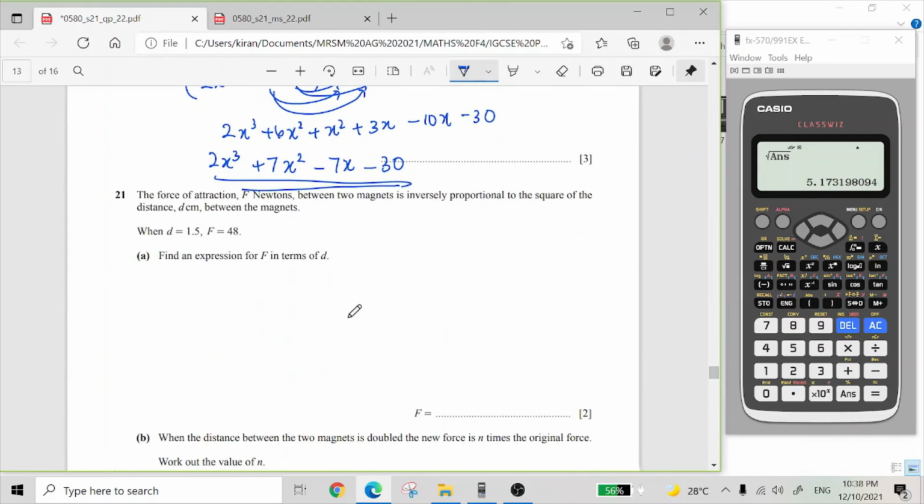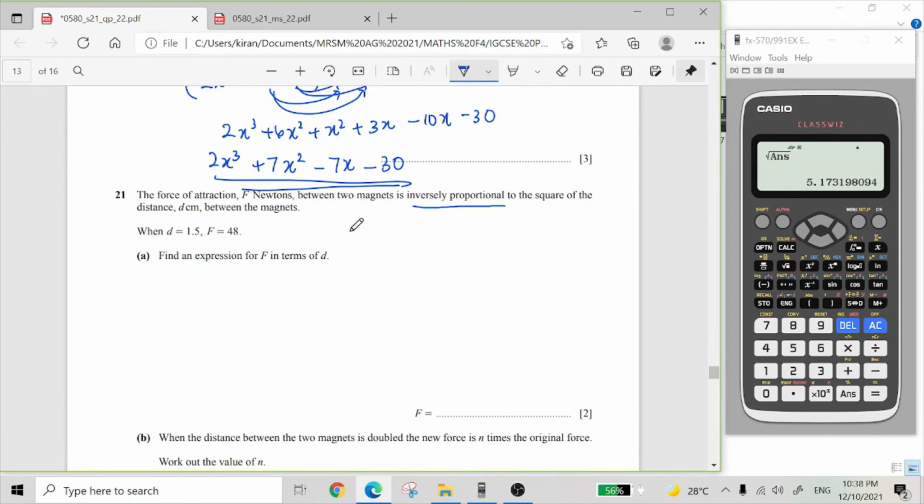Okay, we go to question 21. The force of attraction F newtons between two magnets is inversely proportional to the square of the distance between the magnets. When we go to inversely proportional, we want to find the expression.